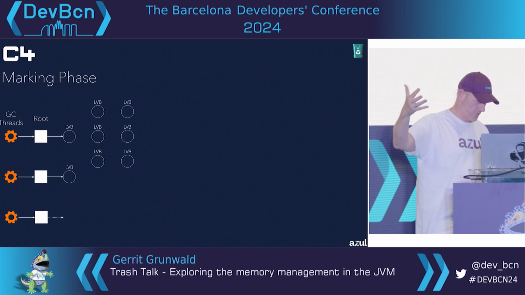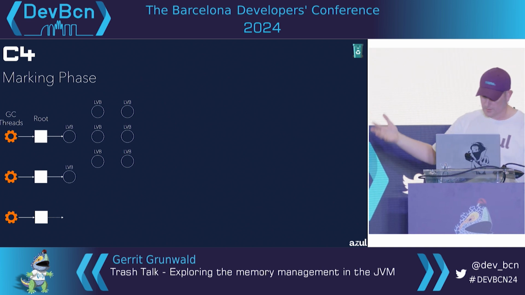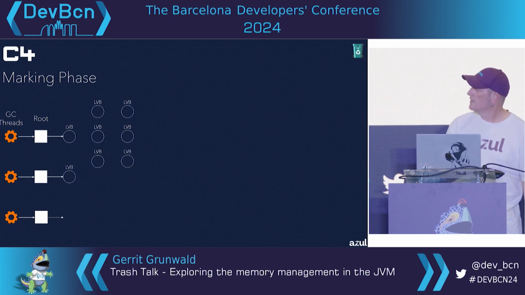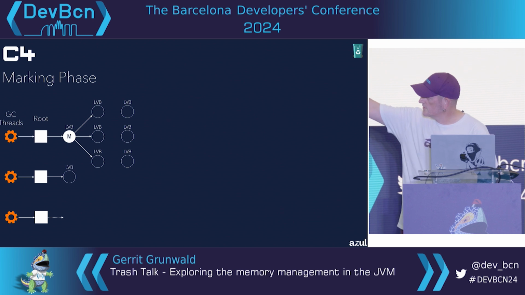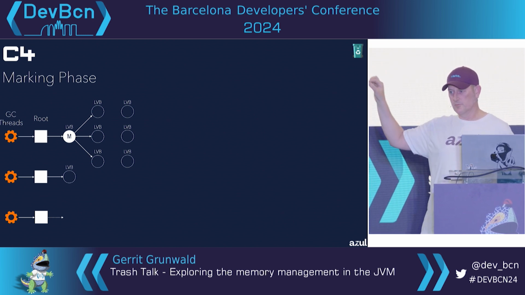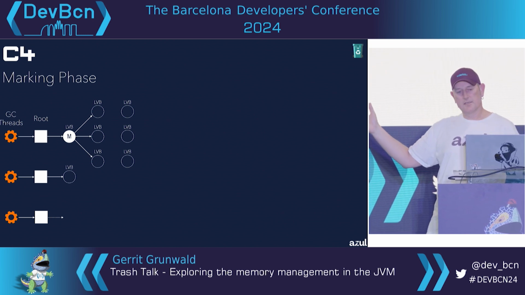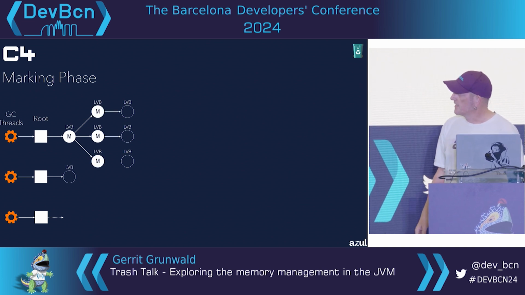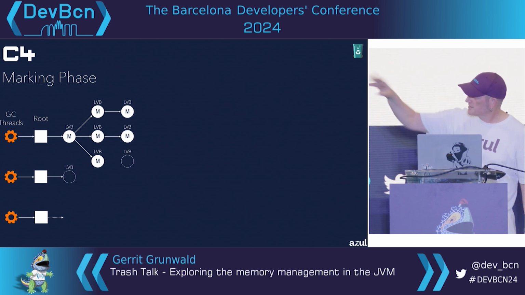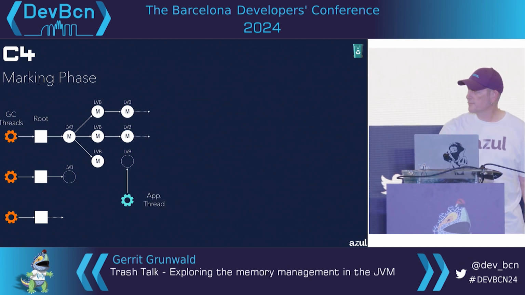These are GC threads, garbage collection threads, that are working concurrently to the application. They find the live objects, right, marking them in the heap, and you see always this LVB, which is the loaded value barrier. In ZGC, it's called colored pointers, but it's exactly the same. Technically, no difference.